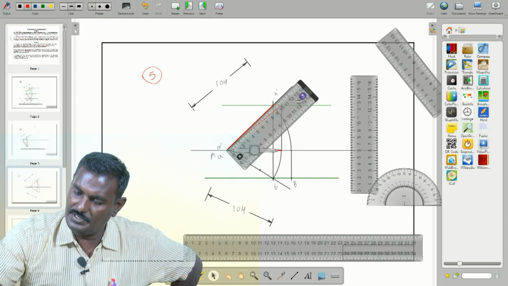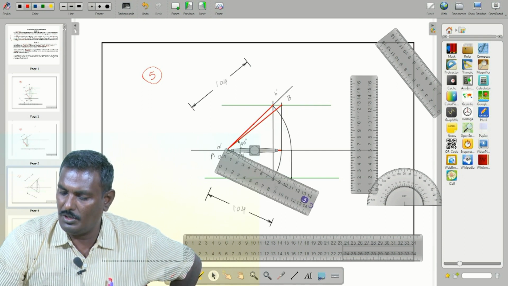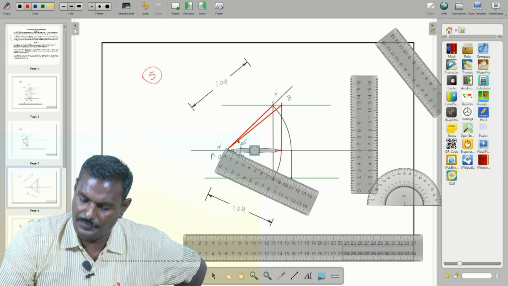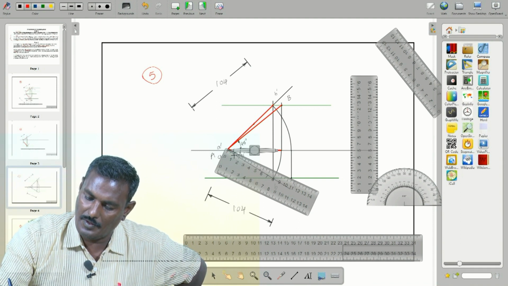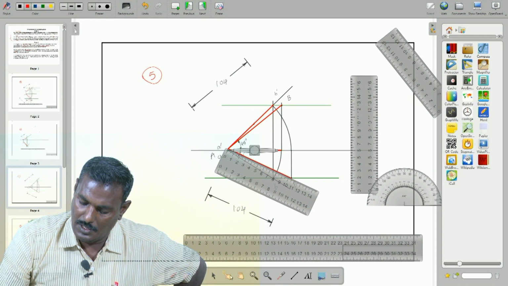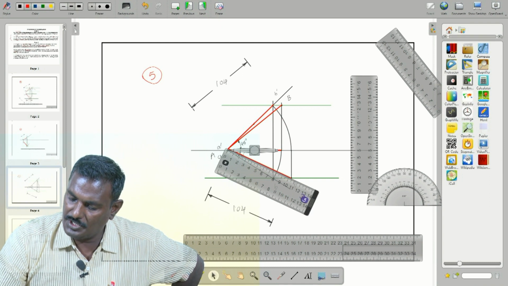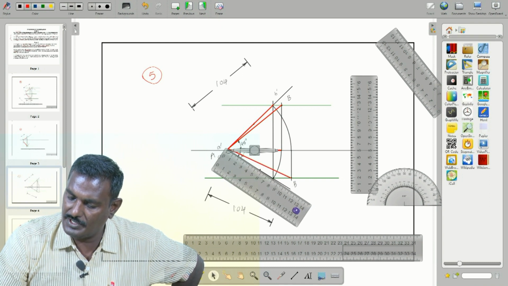In similar fashion, we have to do it for this capital A, capital B on elevations. For projection also, we have to trace.